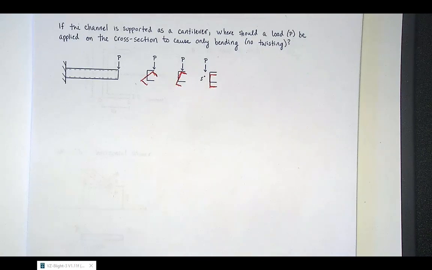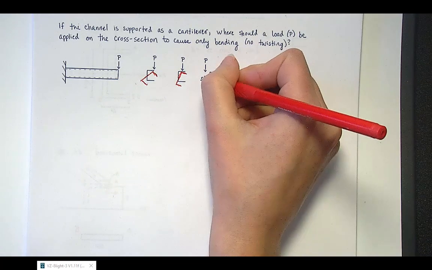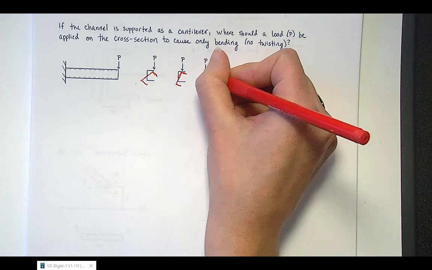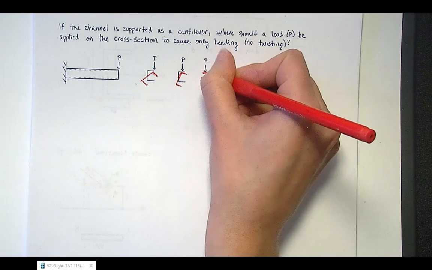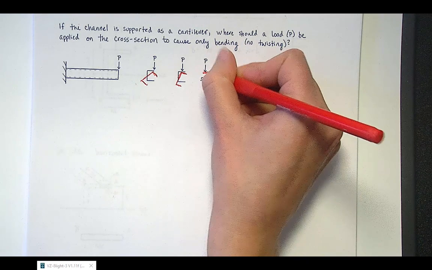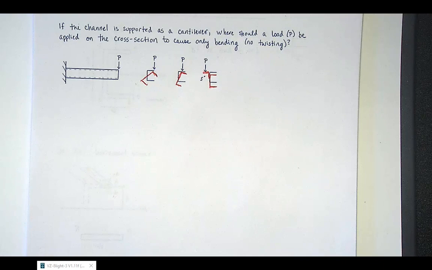And it's common in practice to see, for assemblies like this, rigid brackets installed to allow for load application at the shear center in order to avoid that twisting.